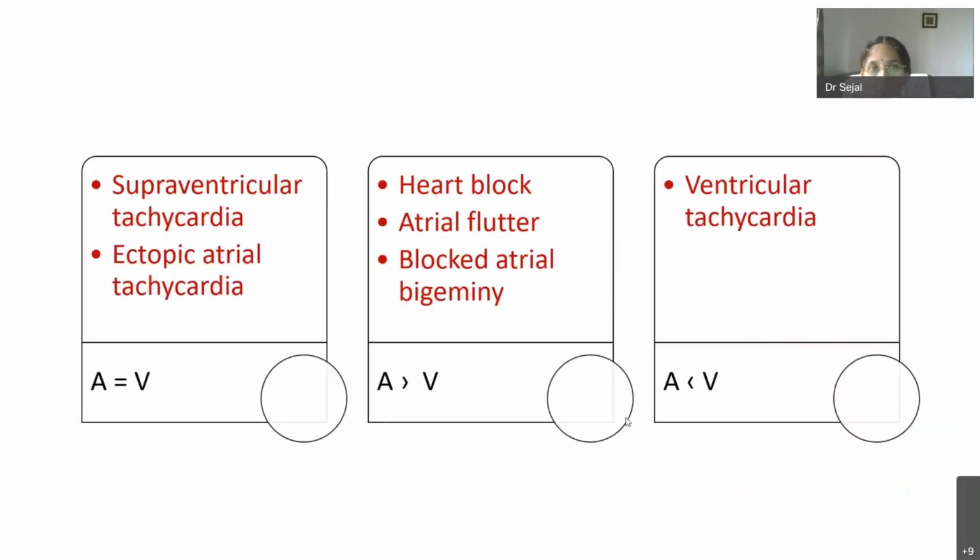The most important would be the AV connection, where if atrial and ventricular rates are the same with tachy, then it's SVT or ectopic atrial tachycardia. If atrial rate is more than the ventricular rate, then heart block, flutter, or blocked ectopics. And if atrial rate is less than ventricular, then it's ventricular tachy or nodal tachy, both of which are very difficult to differentiate in fetal life.